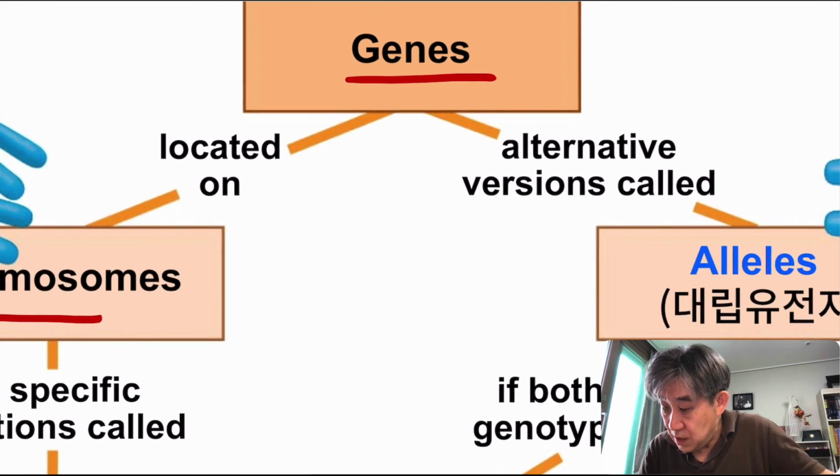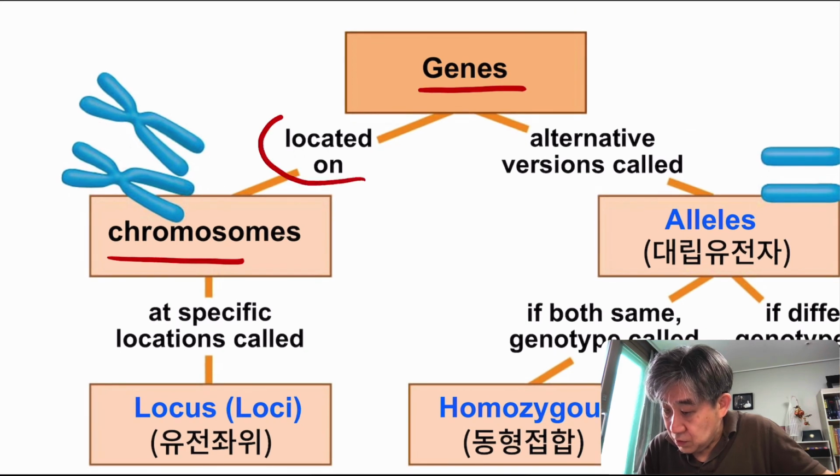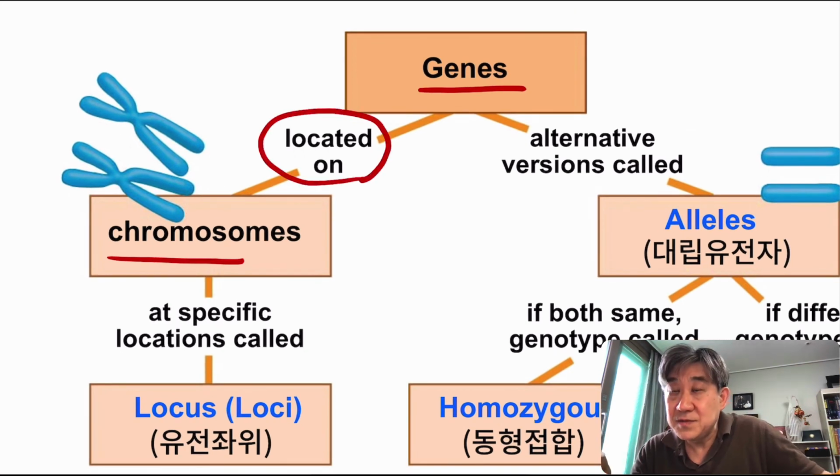Genes are located on chromosomes, although at the beginning of Mendelian genetics nobody knew the relationship between genes and chromosomes. People didn't know what chromosomes are. But anyway, what we know these days is that genes are on chromosomes, right?